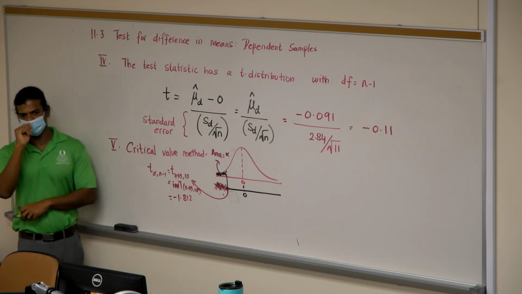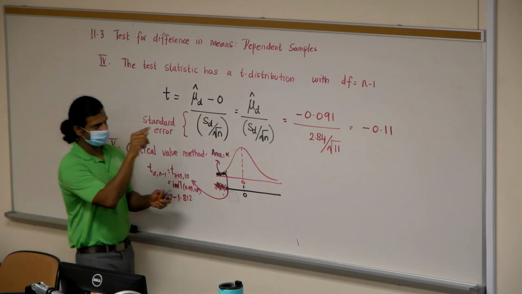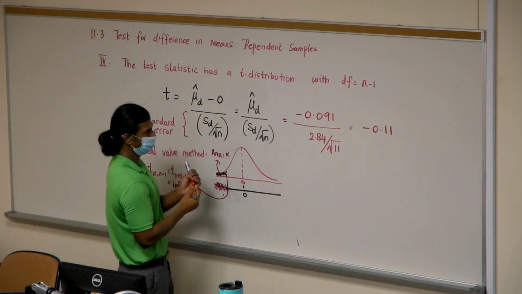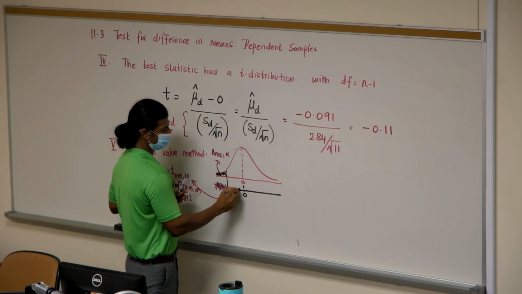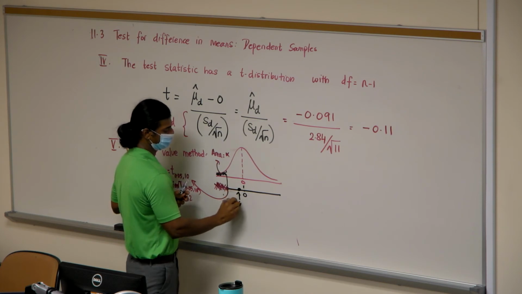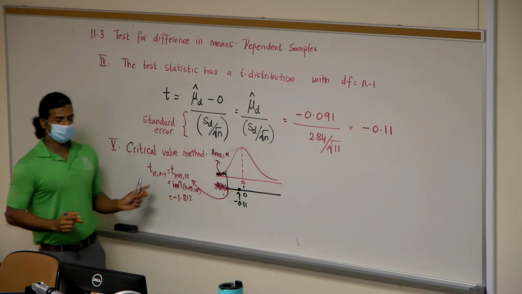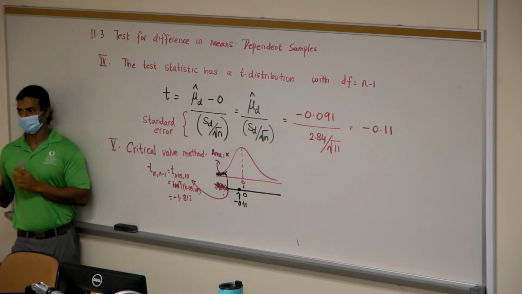What is our test statistic? Our test statistic is negative 0.11, so it's right over there. Did the test statistic fall in the rejection region?